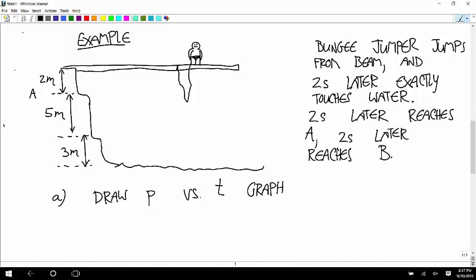And in order to do that, we have to choose our 0 position, our positive direction, and when the time is equal to 0.